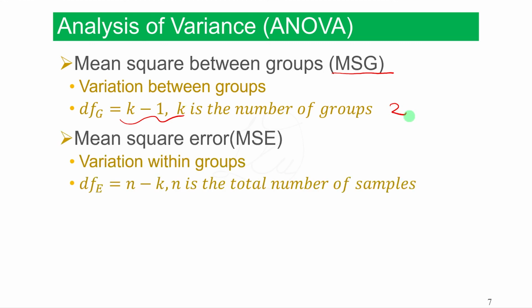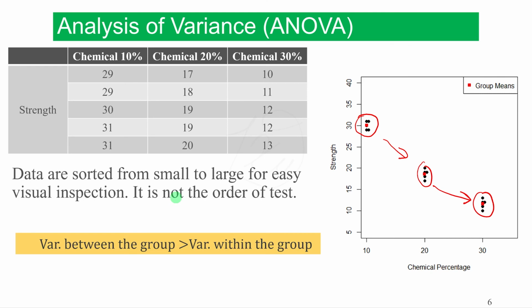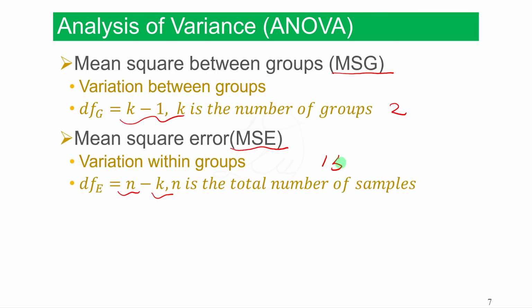We use the mean square error, MSE, to quantify the variation within groups. The degrees of freedom of this is the total number of observations minus the number of groups. In this example, we have 15 observations and we have 3 groups, so the degrees of freedom here is 12.